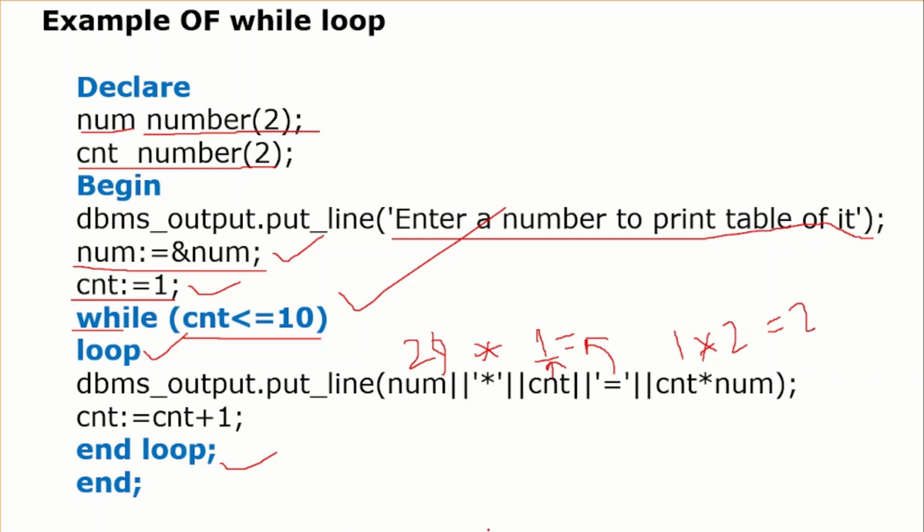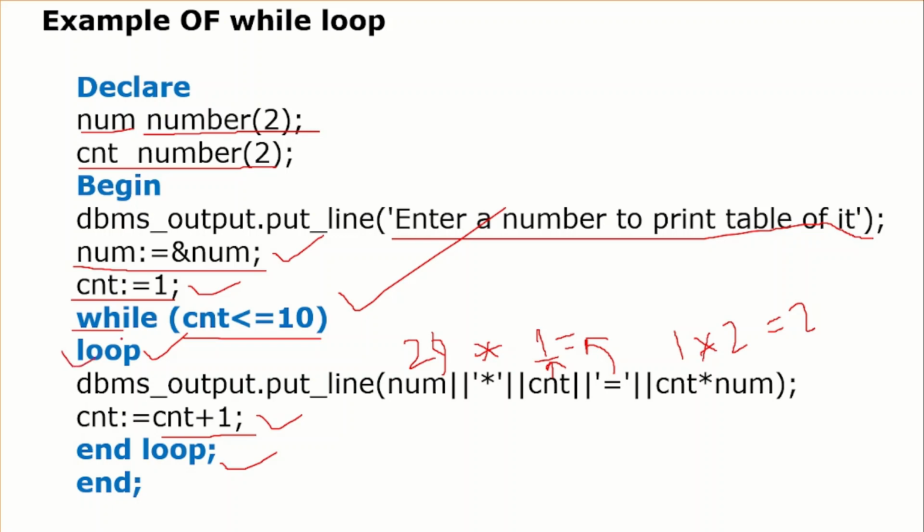Next time the value of CNT will increase by 1, this is the increment, while num will remain the same throughout the program. CNT will be 2 now. So 2 into 2 will come as 4, 2 into 3 will come as 6. Likewise, this loop will run 10 times and will print the table of 2.